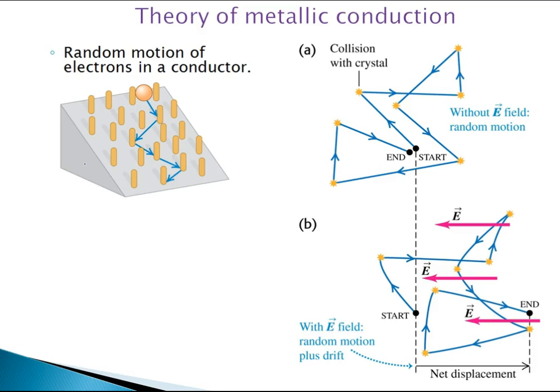On the right side we have drawn a starting point with one black dot and an end point with another black dot. But again, we apply the electric field. When the electric field is applied from right to left, the electron will experience the force toward the right hand side direction, and the path will be curved. Now you can see the earlier start and end point and now the start and end point. You can see this is displacement. This is known as drift.